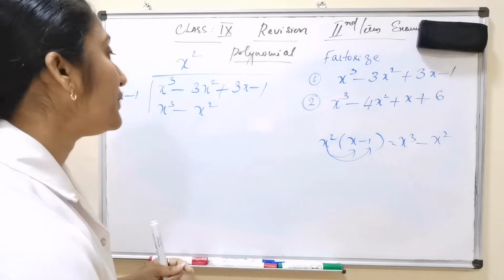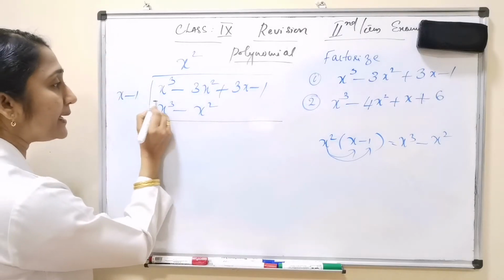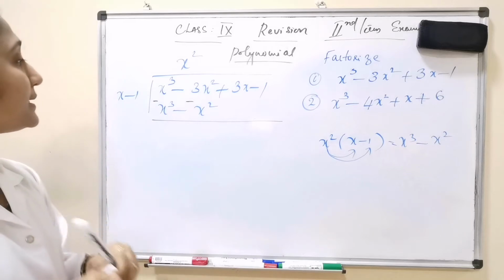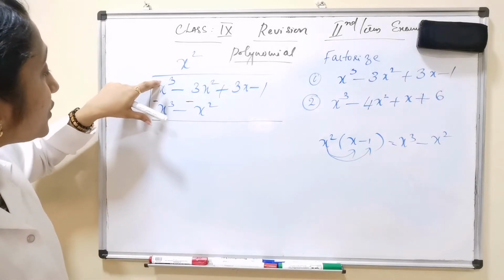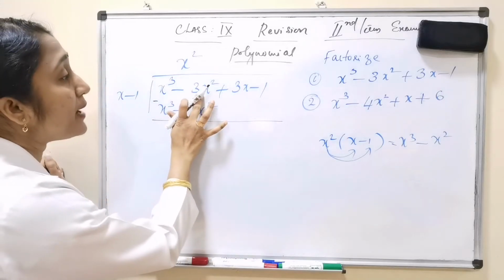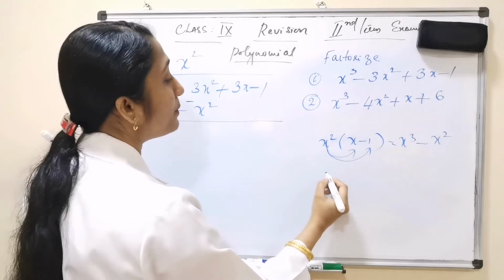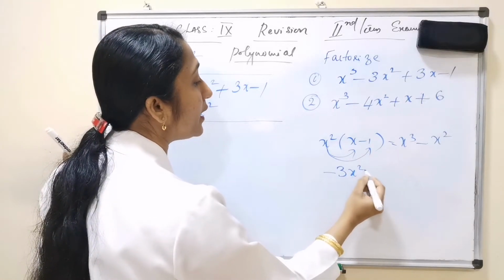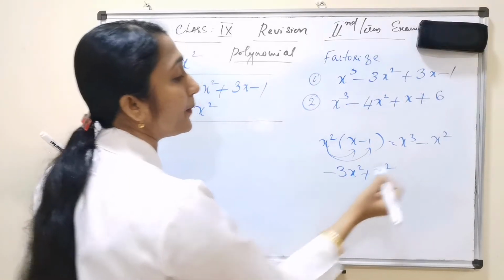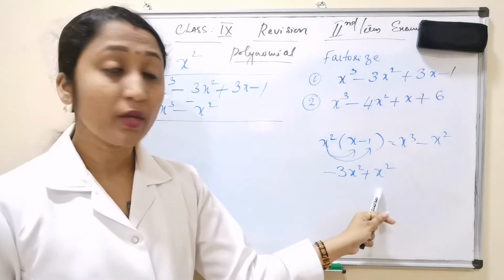Next step, here we have to subtract. So we have to put a minus. So let us see, x cube minus x cube will be cancelled. Then this is minus 3x square, and minus into minus is plus, so minus 3x square plus x square. So one is negative, one is positive.